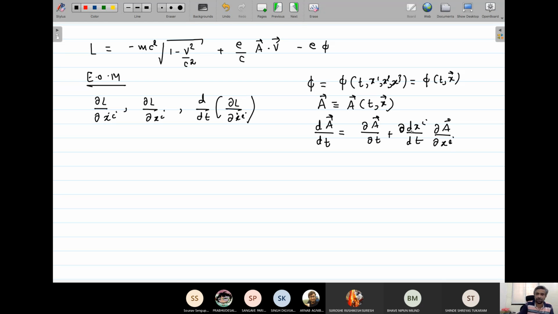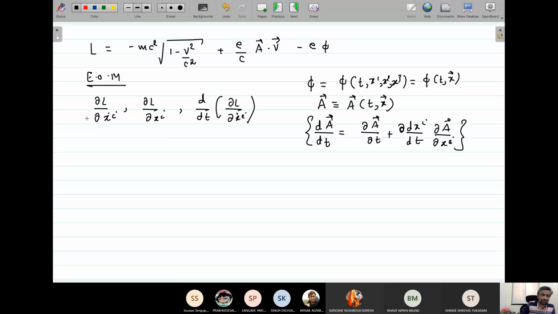One should be careful here. The x coordinate is a function of time, and A is a function of t and x. So the total derivative of A is the partial derivative of A with respect to time plus this. And similarly for phi. So one should keep this in mind.